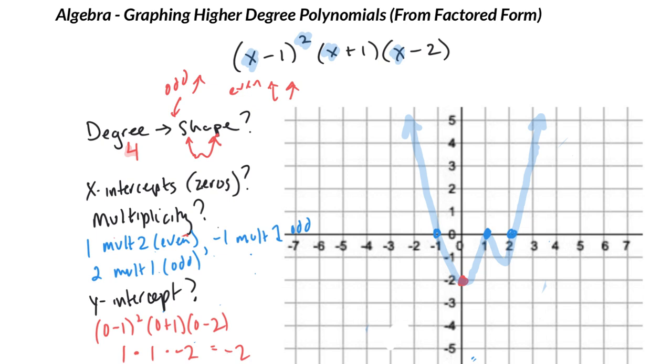Then the x-intercepts are just whatever would make each factor equal to 0. And note the multiplicity so we know, does it just touch this 0 or does it cross through? If it's raised to an even power, it touches. If it's raised to an odd power, it crosses. And then for the y-intercept, just plug 0 in for x because we're looking for where it hits this line when x is 0.